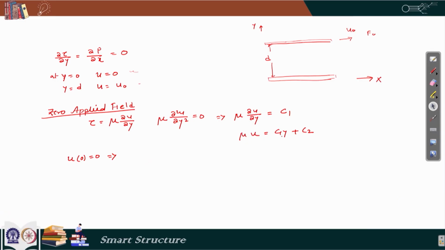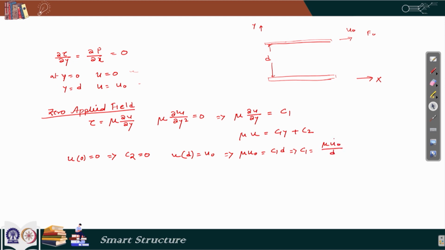Then if we put the condition that at y equal to 0, u is 0, that gives me C2 equal to 0, and then if we say that at y equal to d u is equal to u0, that tells me that mu into u0 is equal to C1 into d, and on solving for C1 we get C1 equal to mu u0 by d.